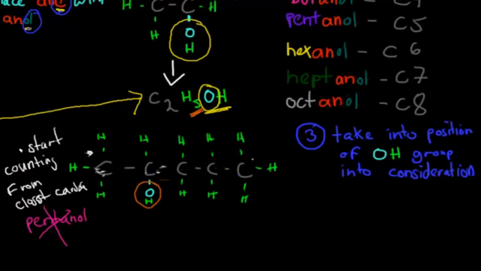And then we do it one of 2 ways. We can either name it, in this case, 2, because it's 2 away from the first, 2-pentanol, or the other way is pentan, and before you write the ol, you write 2, so pentan-2-ol.